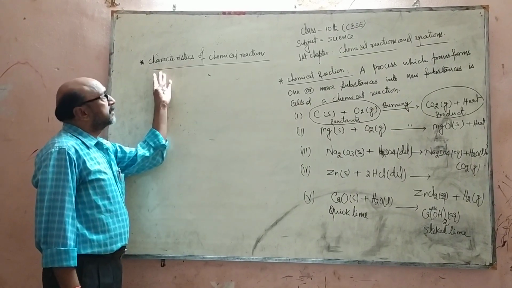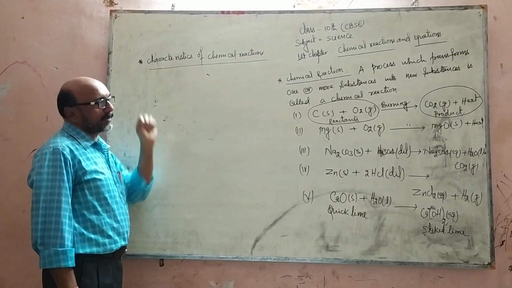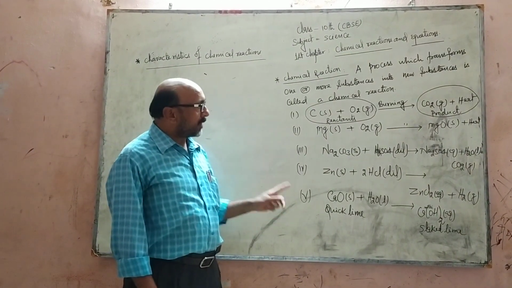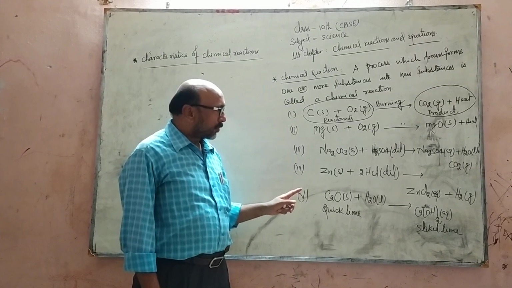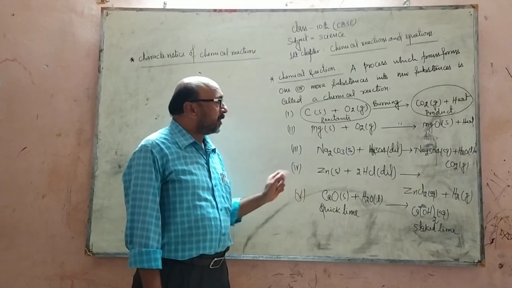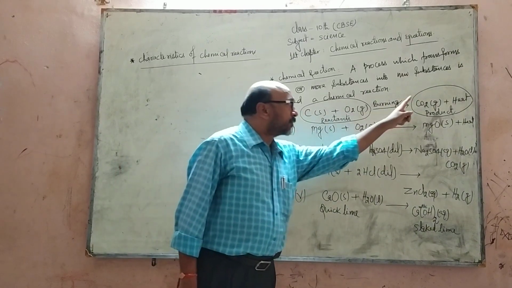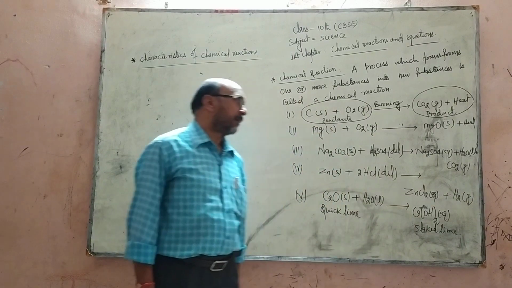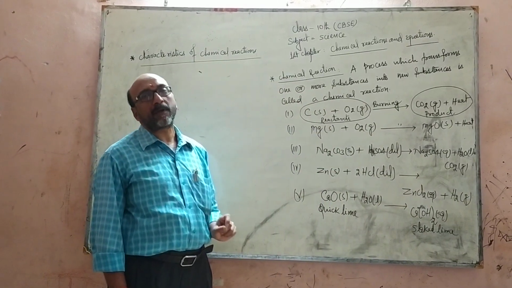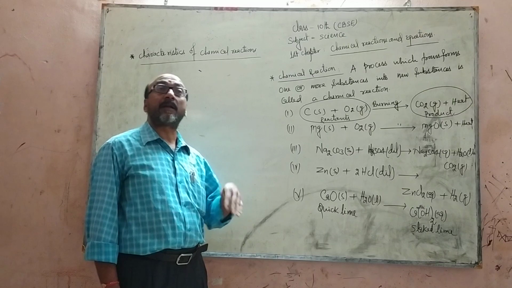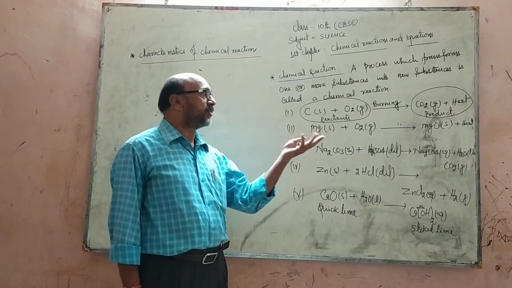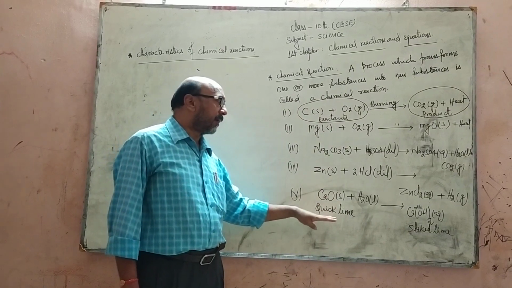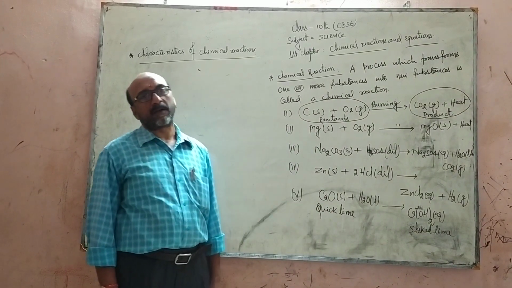Before starting this topic, characteristics of chemical reaction, one thing I would like to describe here is the substances which are formed after the chemical reaction are called products, whose chemical properties are entirely, completely different from the substances which are taken for the chemical reaction.